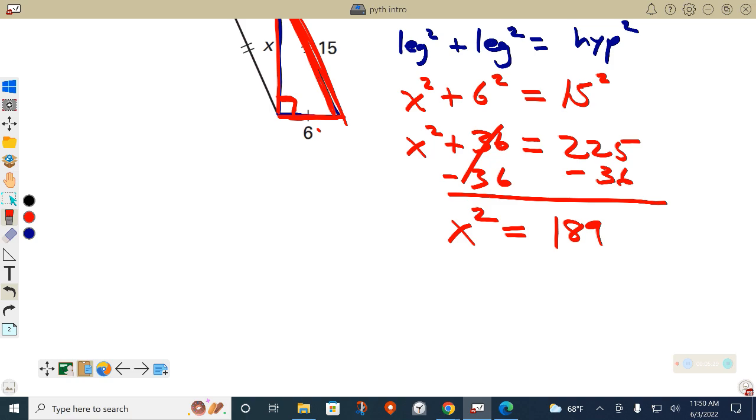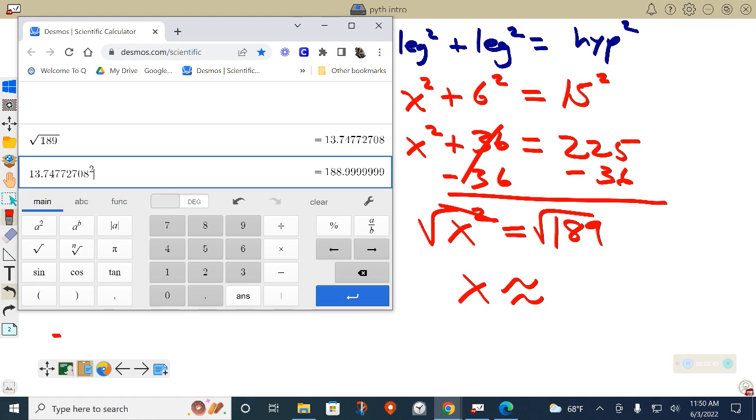Nice. So let's get x alone. Square root both sides, because that gets rid of the second power. In other words, it undoes the second power. So I have x approximately, not equals, approximately the square root of 189, because I think 189 is an irrational number. Let me check. I could be wrong, though. Nice.